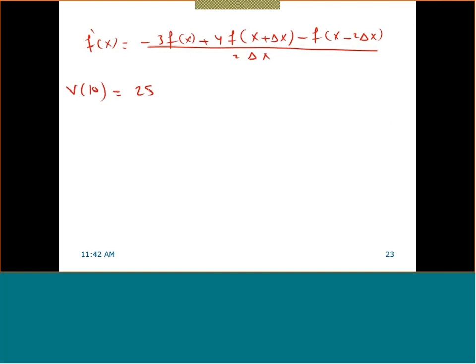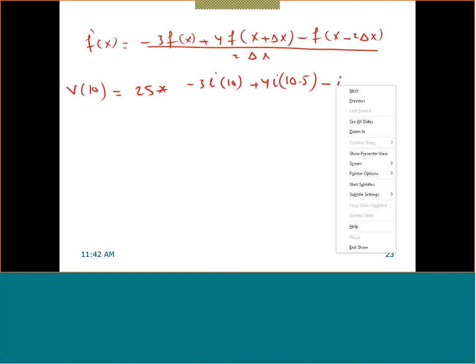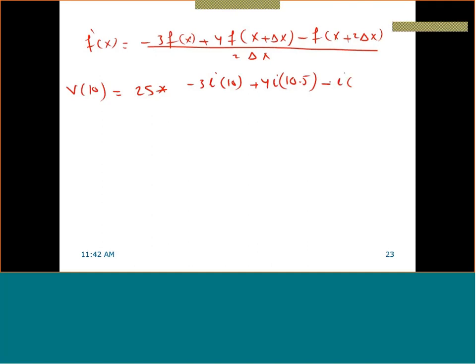This di by dt becomes minus 3 I at 10 plus 4 I at x plus delta x. I remember x was 10 and delta x was 0.5, so this is 10.5, minus I at x plus 2 delta x, so this is I at 11. All of this is divided by 2 times 0.5.